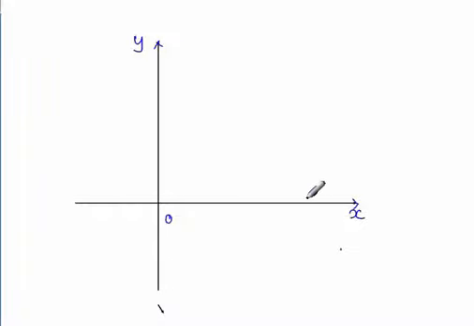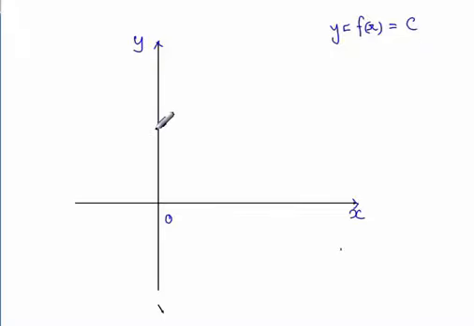The simplest function we can ever come across for me is the constant function. So y is equal to f of x, and that f of x is equal to c. We call that a constant function. C there could be 5, could be 6.